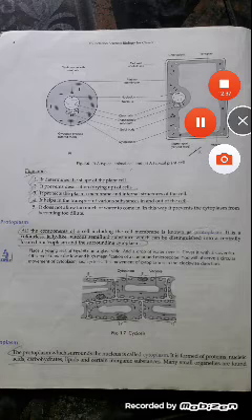This is why mitochondria are known as the powerhouse of the cell. This question comes very often, students: which organelle is known as the powerhouse of the cell and why. So, I think you understood why mitochondria is called the powerhouse of the cell.